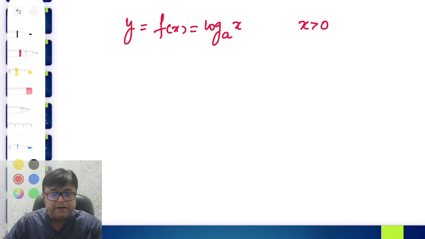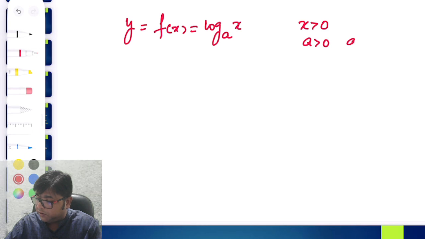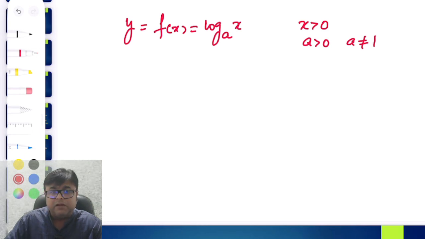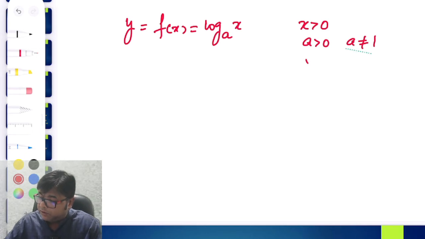Log of 0 and negative numbers is not defined. a should also be greater than 0 and a should not be 1. And y should be any real number.